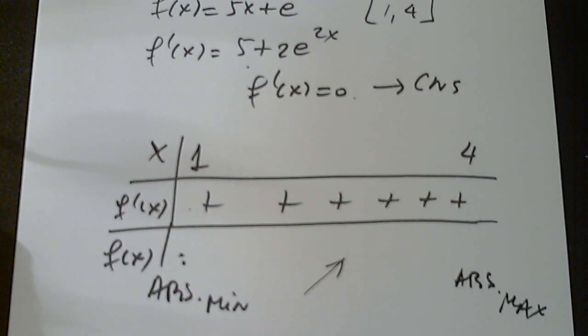If it has critical numbers, then I have to study the sign left and right. So in this case, we have 5x plus e to 2x. And I just evaluated at 1 and evaluated at 4, and I'm done.